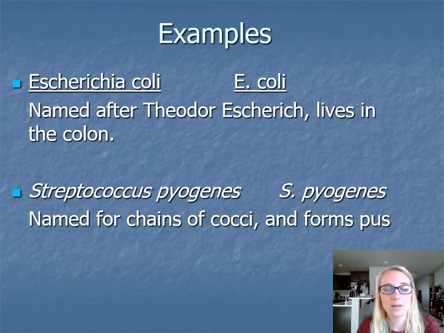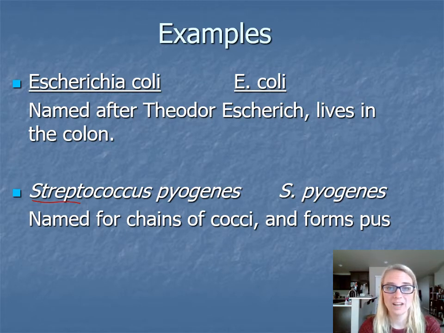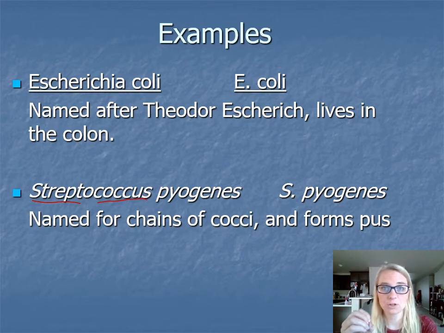Here's another example that I've done in italics. So Streptococcus pyogenes. So it's in the genus Streptococcus. It's the species pyogenes. So once you spell it out completely, then you can abbreviate S. pyogenes. The name indicates more descriptive characteristics. So strepto means chain. Coccus means circles, like sphere-shaped cells.